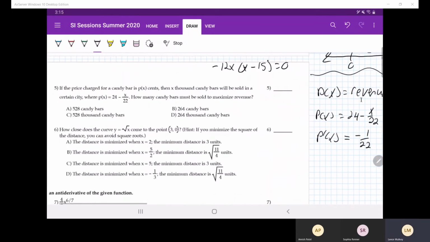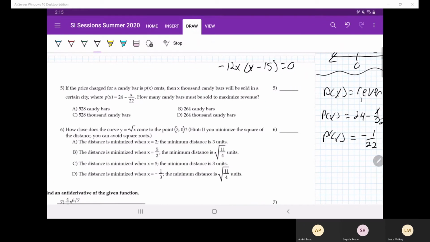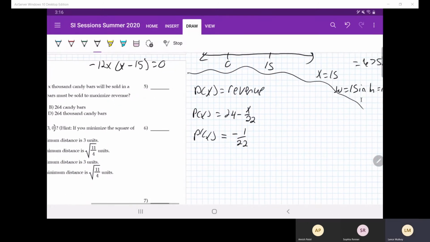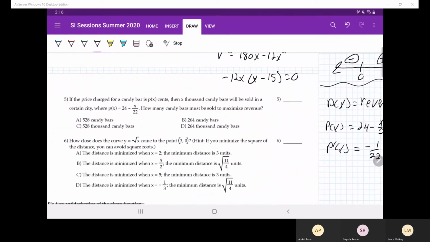It only gives you one equation, doesn't it? So it's decreasing over the entire interval, so that's why I don't like this problem. Did you guys understand this problem? Because there's no other equations.